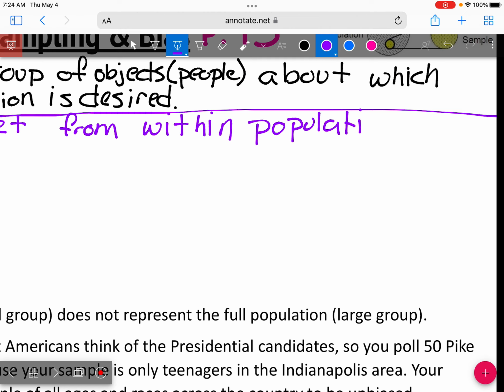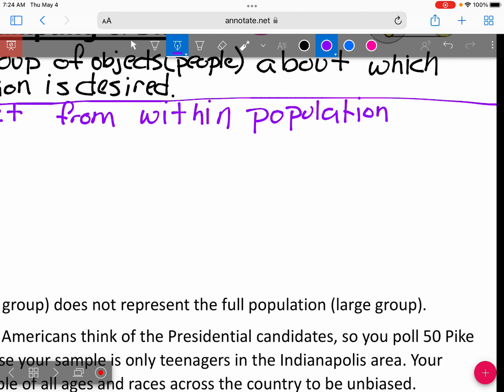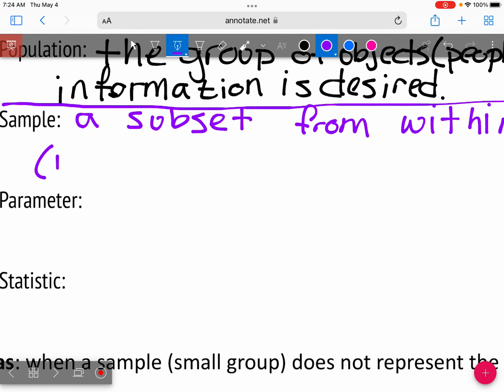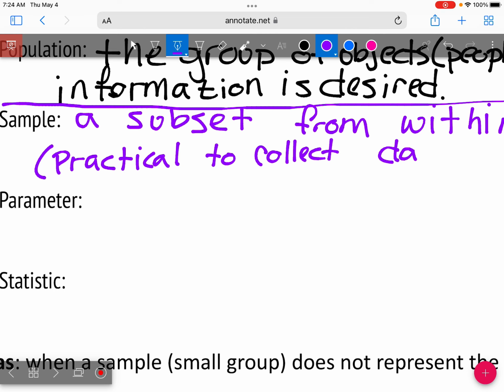What it is, a practical group to collect data from. You will often hear, and especially as they're starting to talk election stuff again, Americans think.